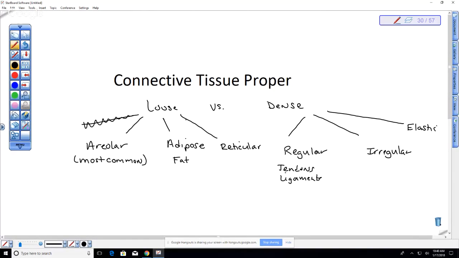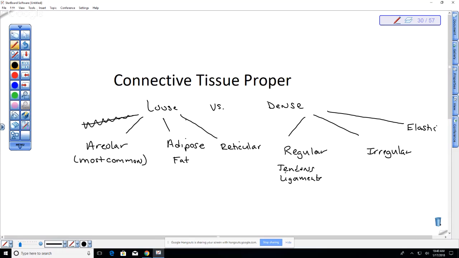Like your elbow joint is held together by ligaments, and then the muscles also insert onto the bones, the forearm and the upper arm bone, using tendons. Okay, but ligaments help to hold bones together.